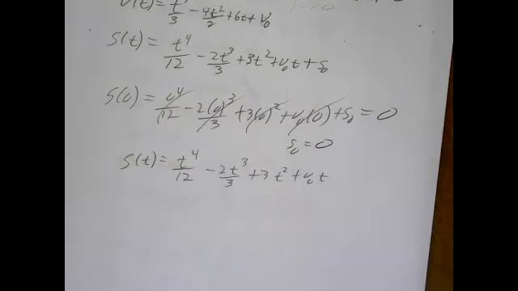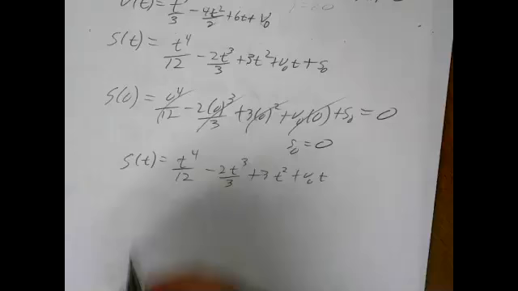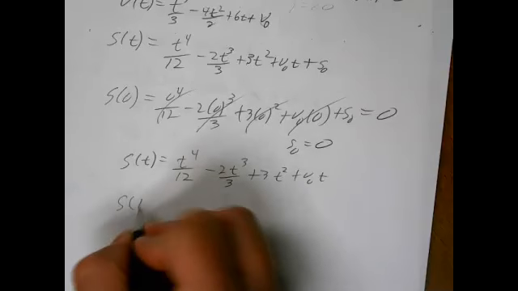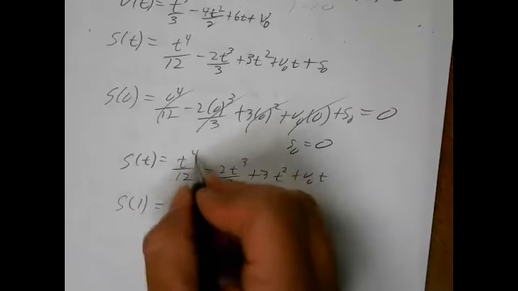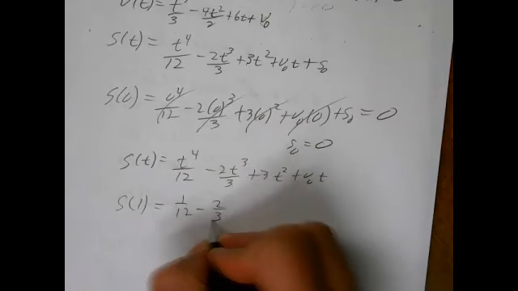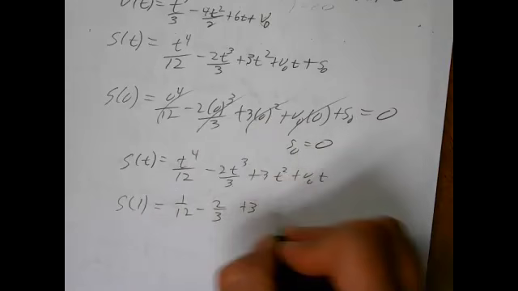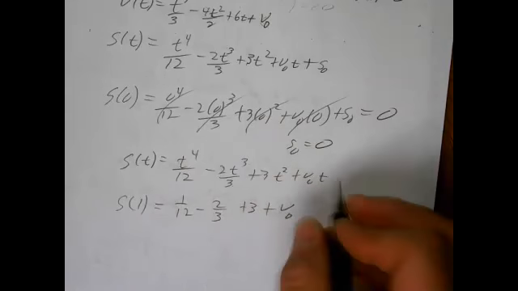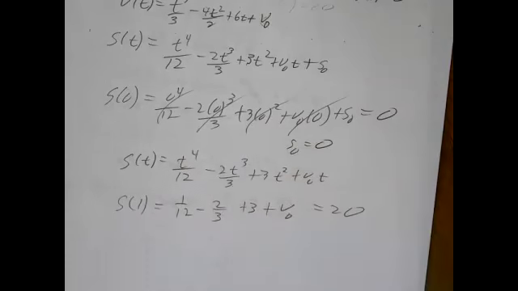All right, now S of 1 equals 20. So plugging in, S of 1 equals 1 to the 4th is 1, that's a 1/12. That's a 2/3 when I put in a 1. That's a 3. That's a v naught. That equals 20.